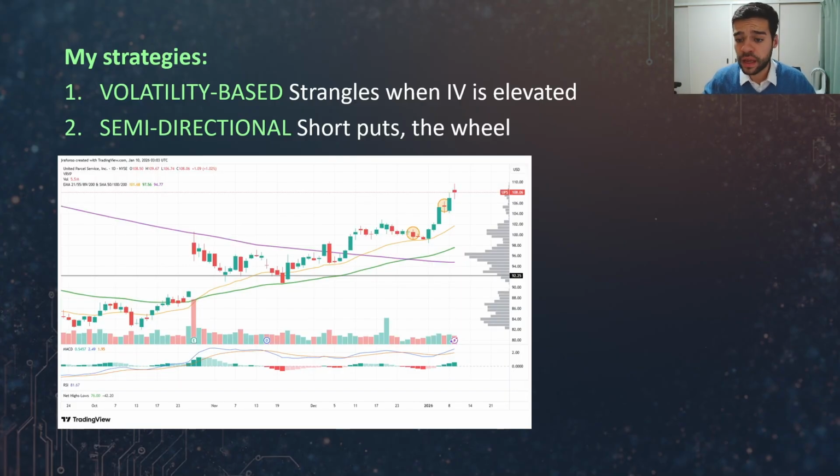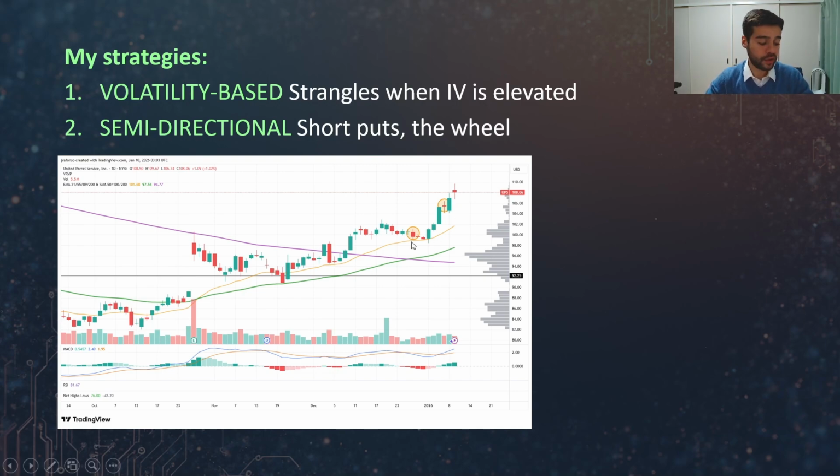One position that I've entered recently that I can share with you guys is, for example, UPS. I entered in UPS in the first circle. You can see after the earnings announcement, there was a big gap up, and after that, the stock was drifting slowly higher.